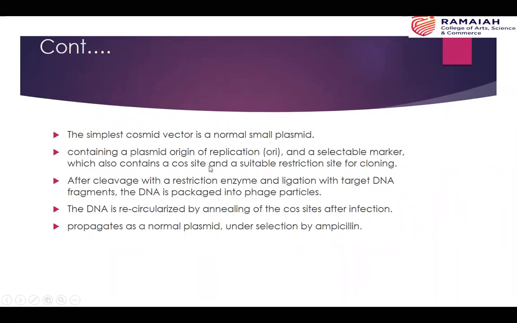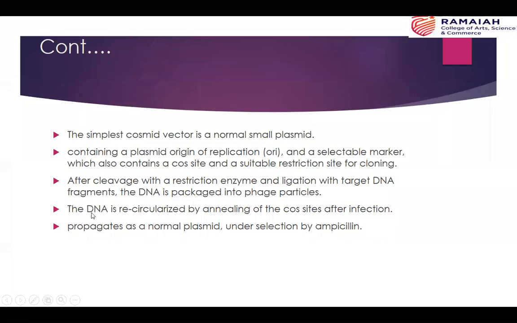So when such sequences are present on a cosmid vector, you cleave the vector with the suitable restriction enzyme, then allow the ligation reaction to take place with the target DNA fragment. What will happen is, because there is a cos site present, the DNA is packaged into a virus particle.